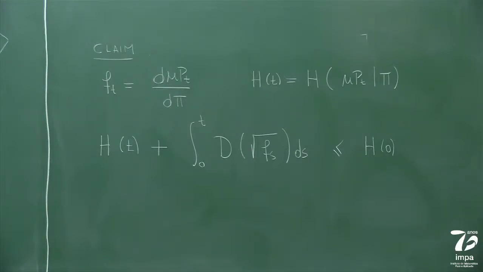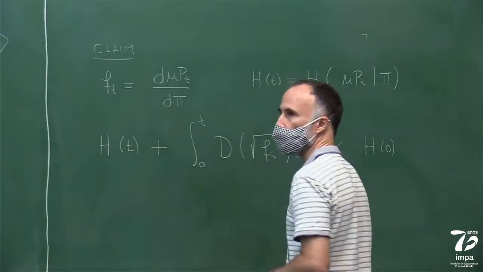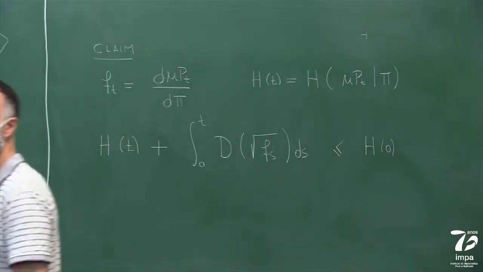So what I want to do is to conclude by computing the Dirichlet form in the case of the exclusion process.